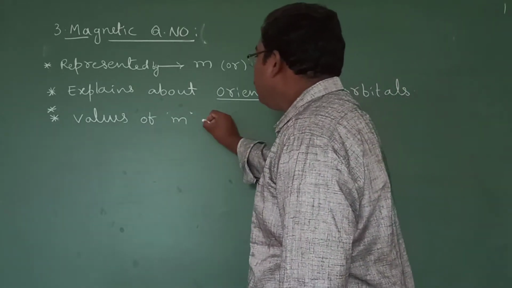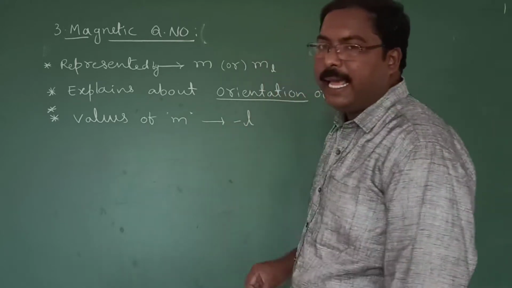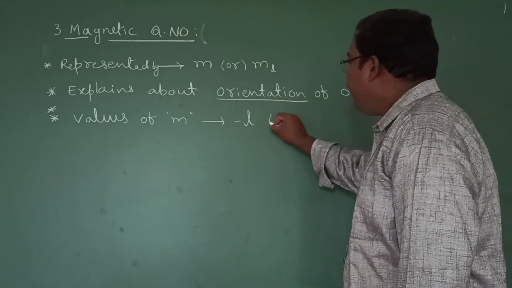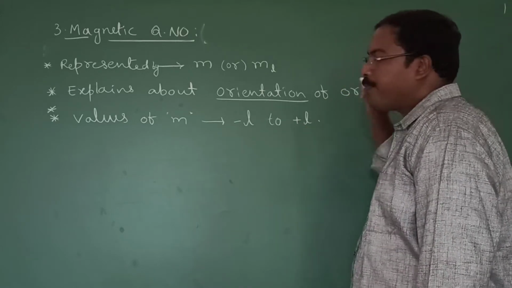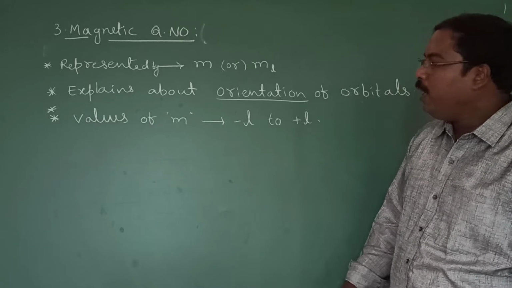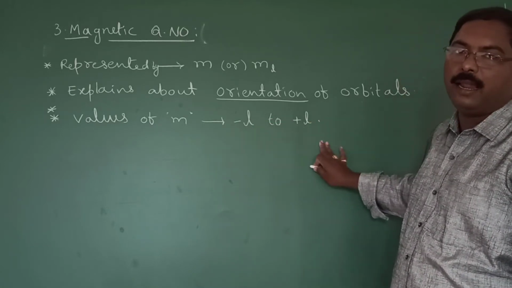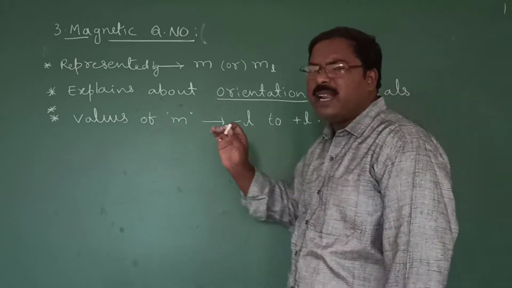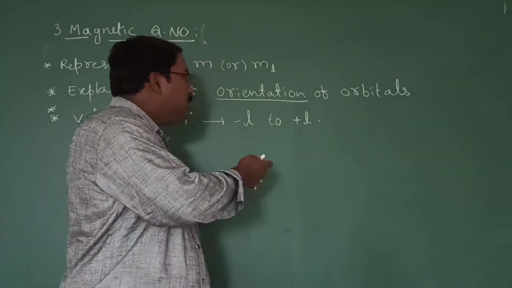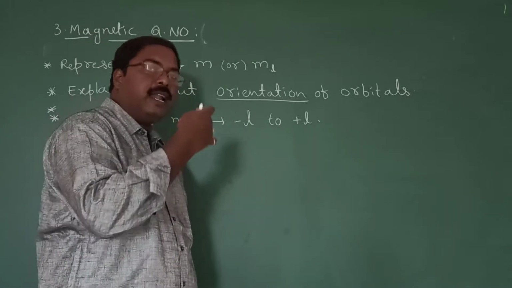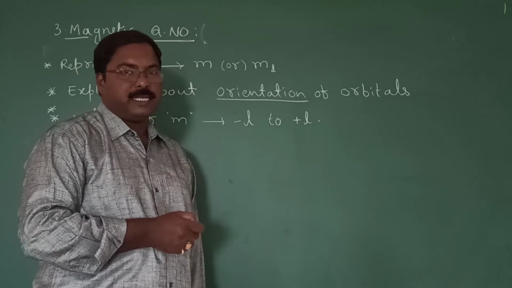Here, the values of m start from minus L and end with plus L. Values of m will be from minus L to plus L. It may be slightly confusing by looking at the statement like that, so let us write the values of m for different subshells.